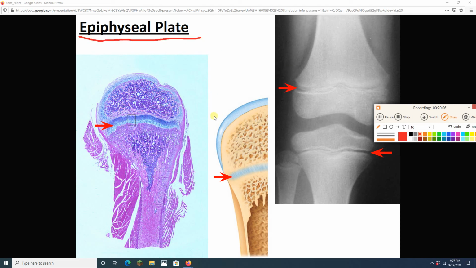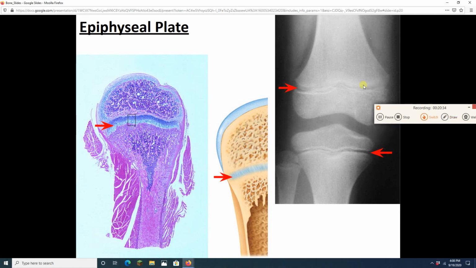If we look at this real section of a child bone here, this is bone tissue on both sides here. And then this guy right here is the epiphyseal plate. If you look at an x-ray, you can see it on an x-ray as well. And so you can look at an x-ray and say, am I done growing? Can I get a couple more inches? All right. Good, good, good.